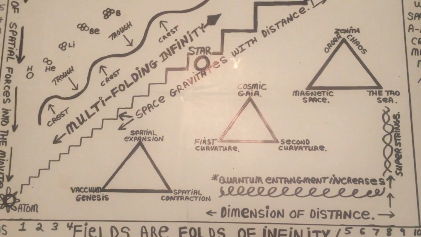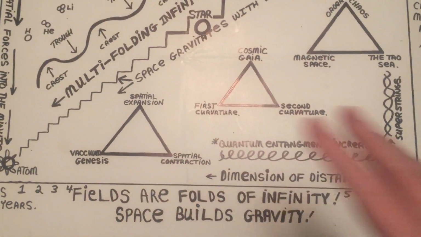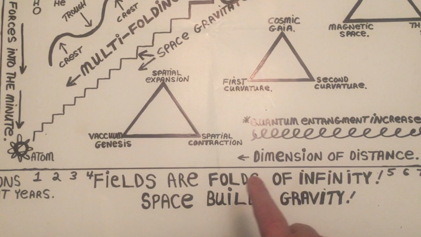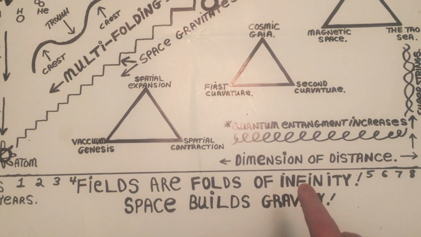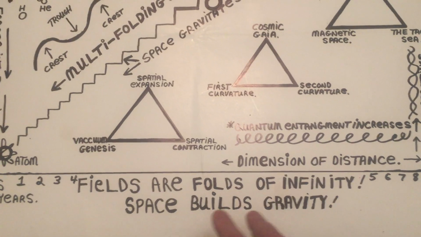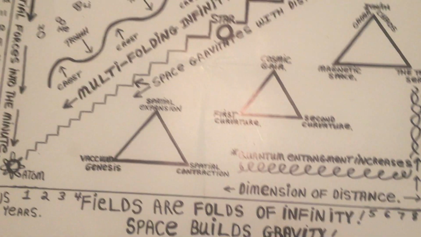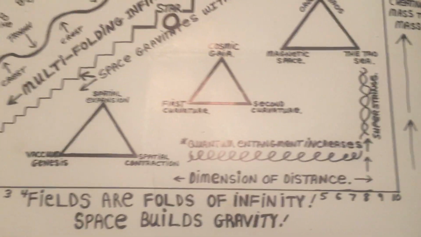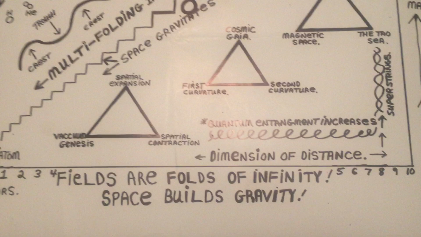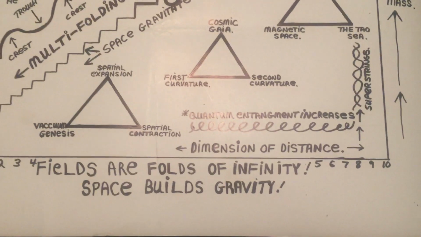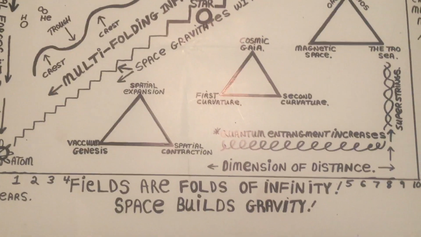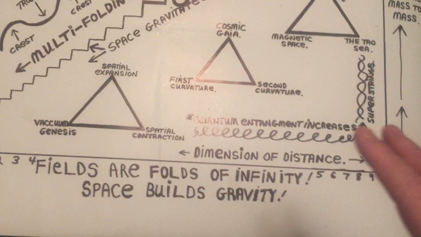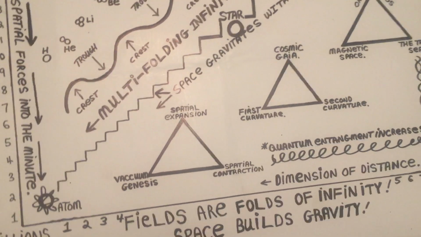You have a lot of what is known as spatial fields. Fields are folds of infinity. So space builds gravity. That is, the distance of gravity becomes space. And space becomes the distance of all things. The further that space moves in infinity, the greater the dimensions that are formed.